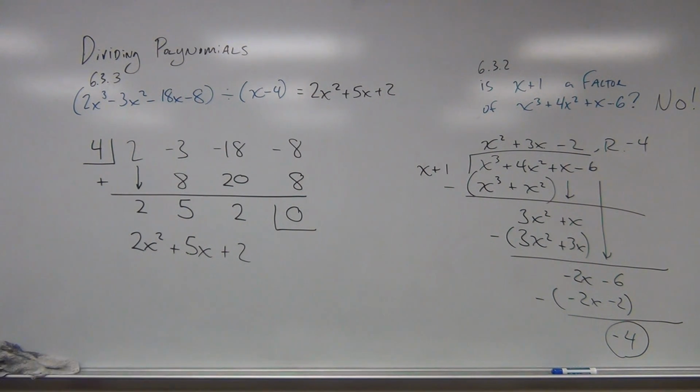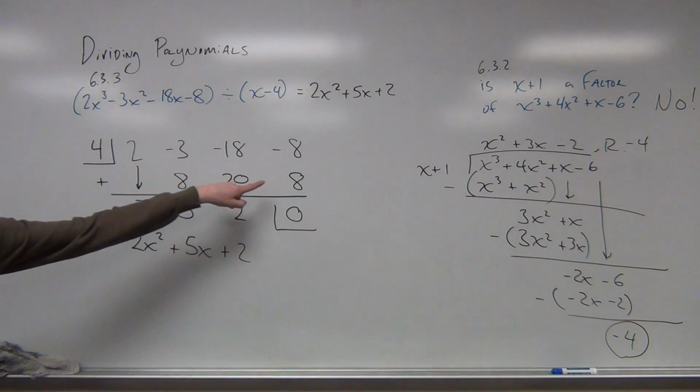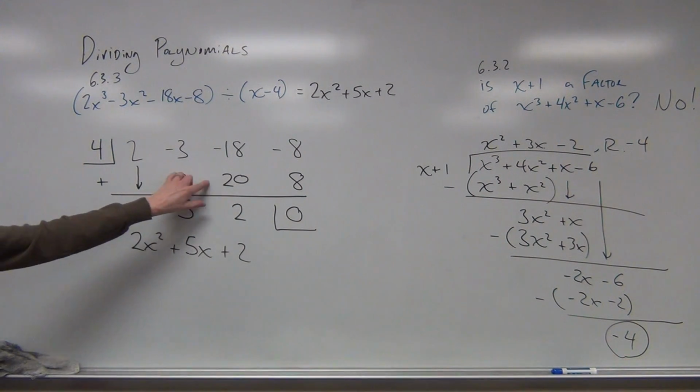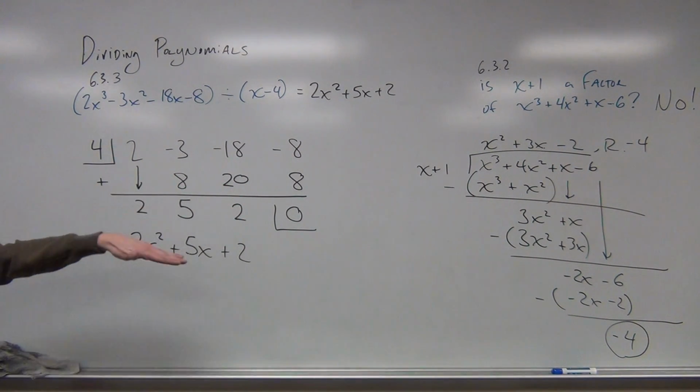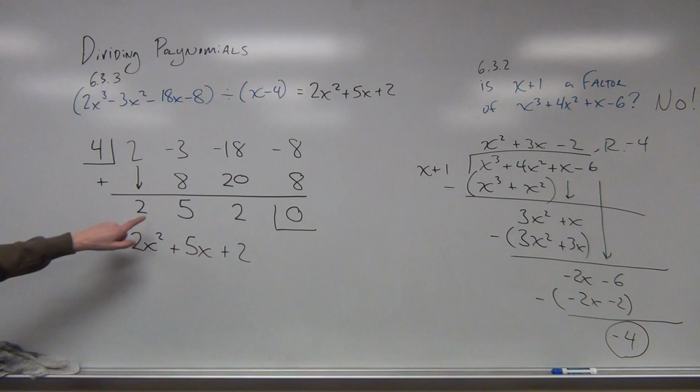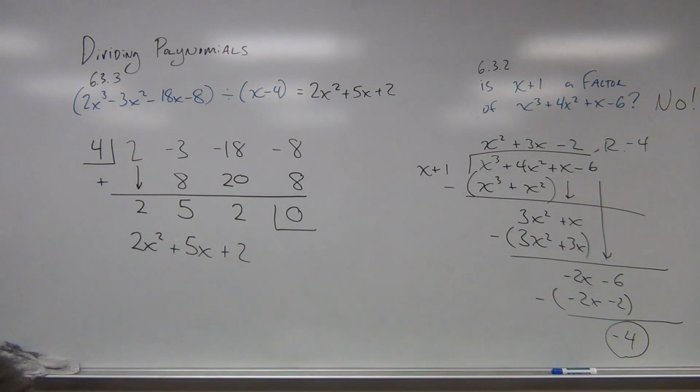It probably took just as much time, but there's a lot less thought involved. All right? Now notice something. If we were to rewind the video and go back to the beginning, you would see that each of these numbers that I'm getting here are all found on each of the lines of our long division.